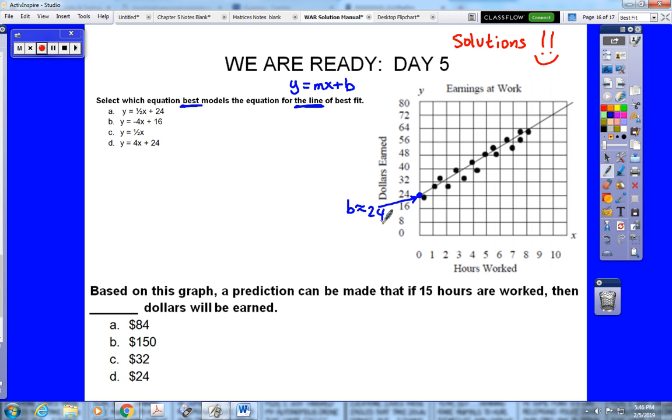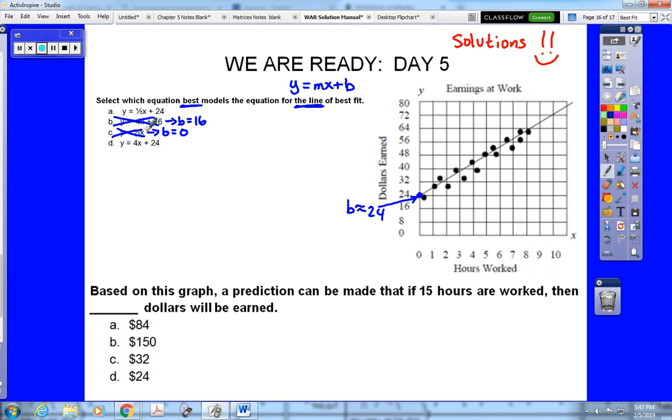So if we look at our options, that should immediately eliminate this one because it has a b value of 16. These are both far better than that. And this one because it has a b value of nothing. It doesn't have an intercept. So right there, even if you can't get any closer, that should give you two answers immediately eliminated.